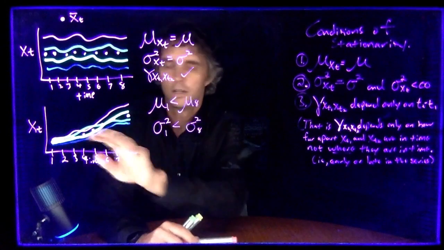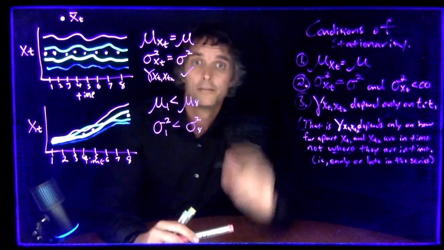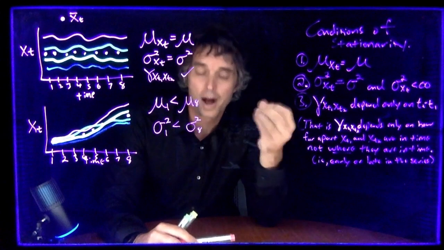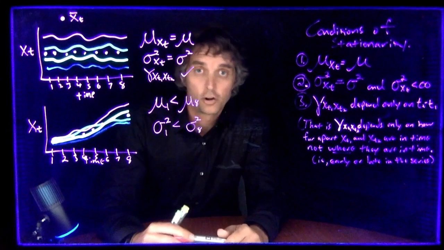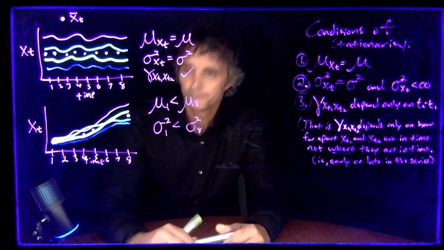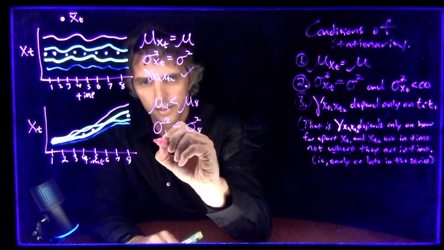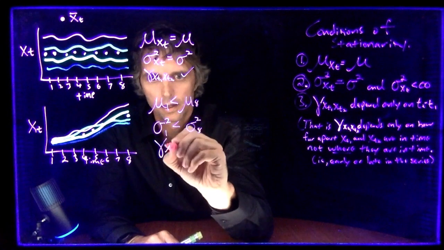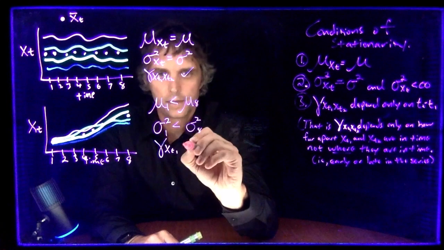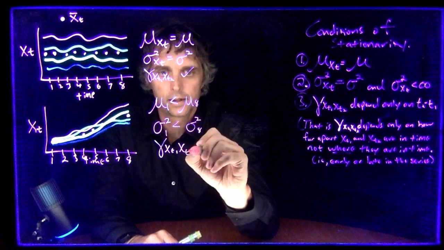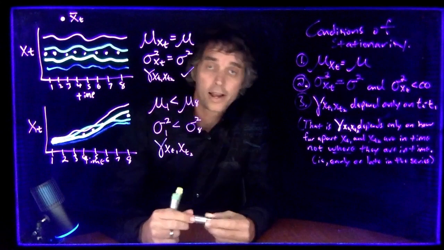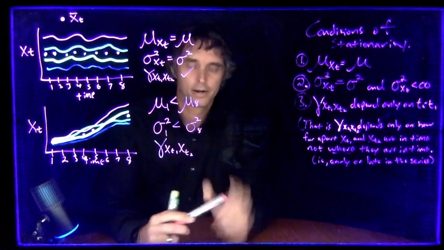Again, early, middle, and late, very consistent evidence of positive autocovariance there. So I would say this one is consistent with the autocovariance depending on how far apart I am in time, but not where I am in time.